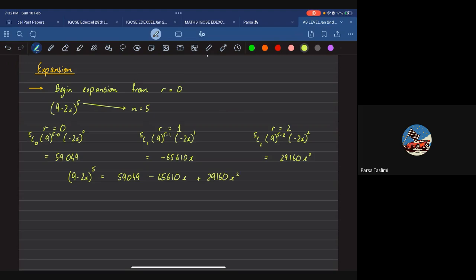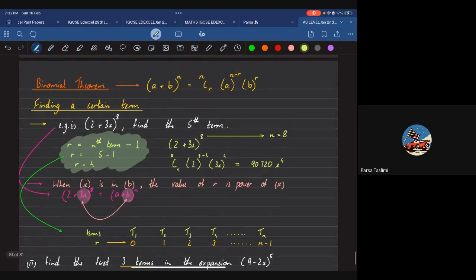Also, one thing that you guys need to remember is that a lot of questions will involve finding a certain term, or you can say finding a certain coefficient. So they could ask you for the coefficient of a term as well.